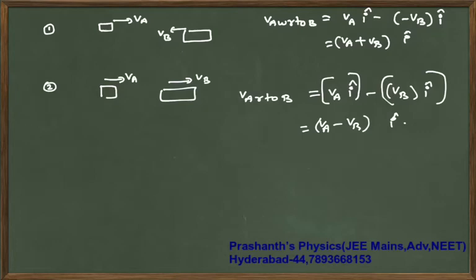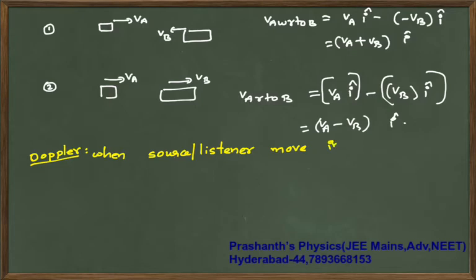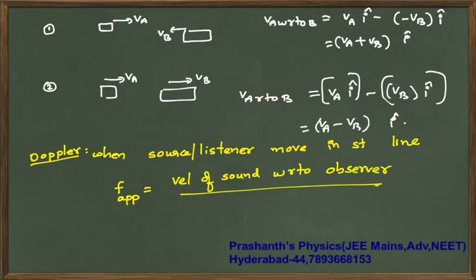So the Doppler effect statement is, when source and listener move in a straight line, the apparent frequency is the velocity of sound with respect to the observer, divided by the velocity of sound with respect to the source, times f naught.